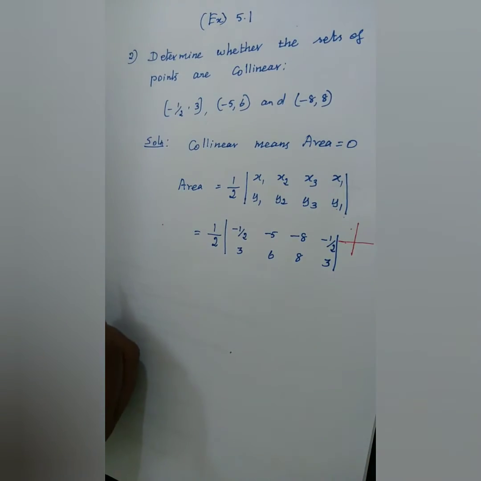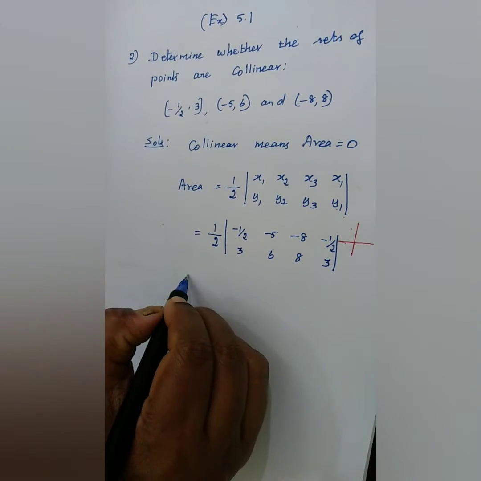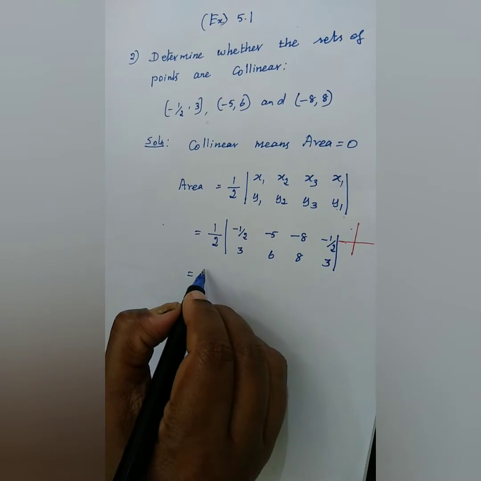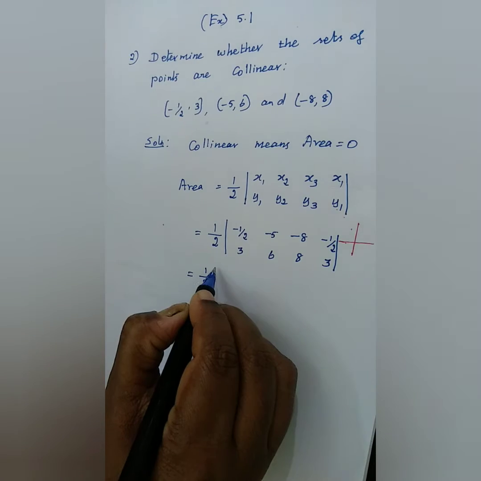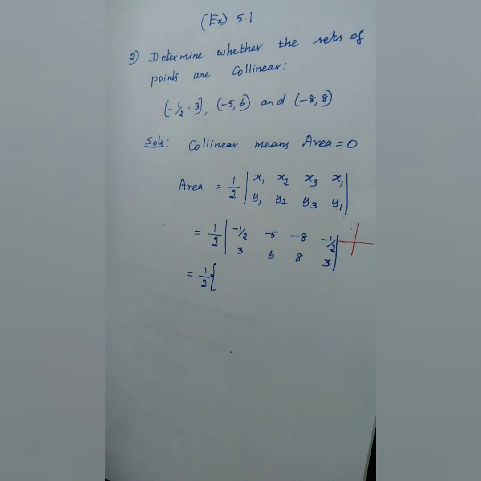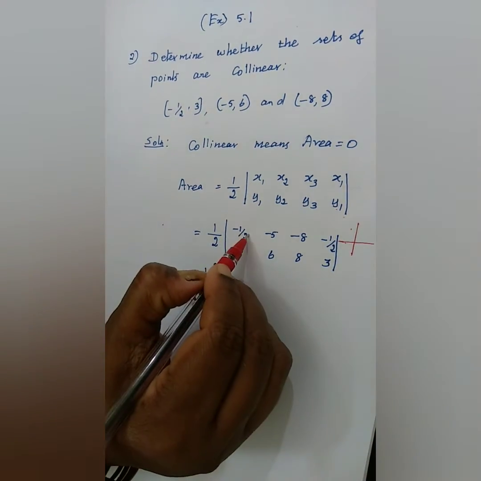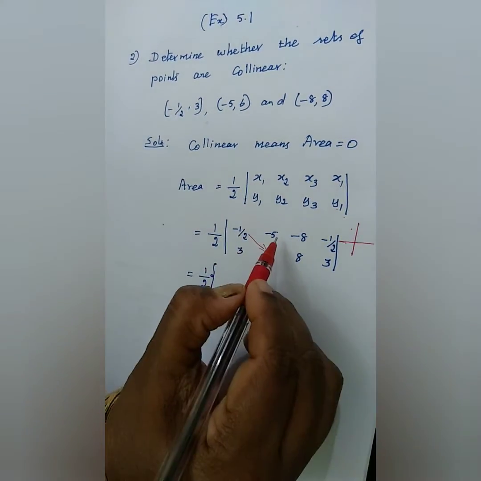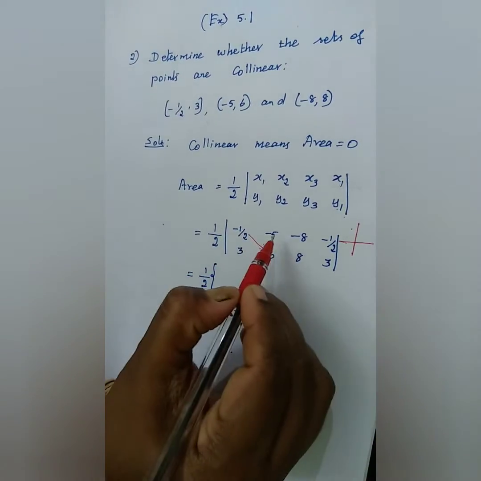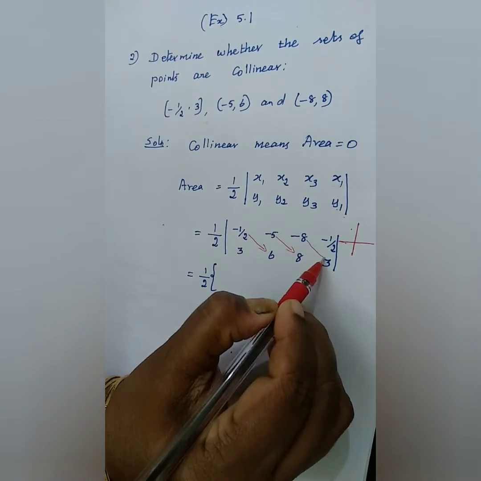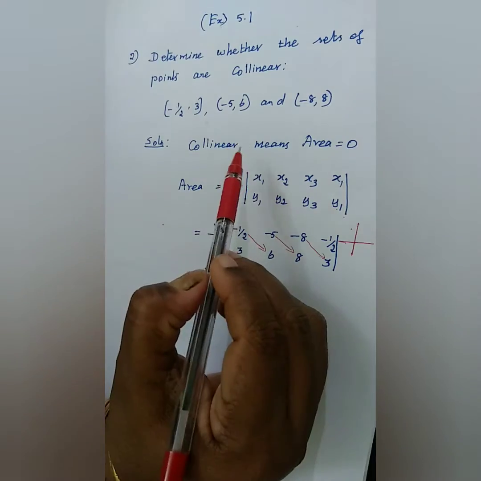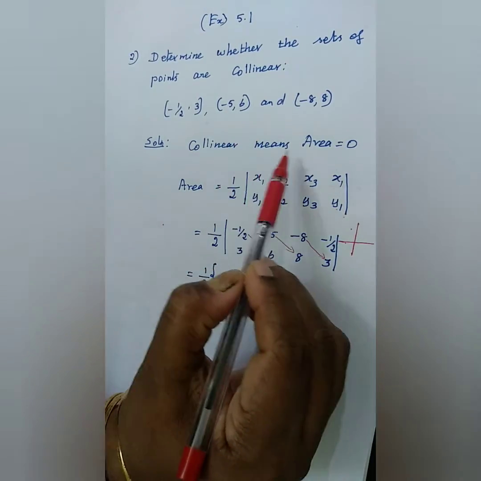Now we are going to multiply. Put one arrow mark here, one here, and one here. Listen all: we are going to find out whether these points are collinear or not.